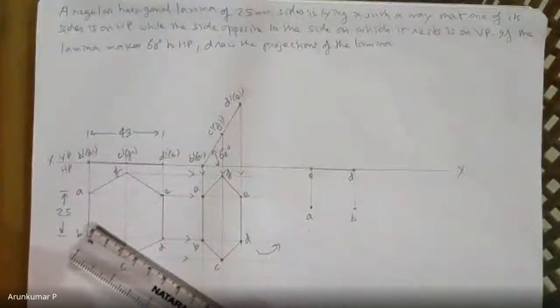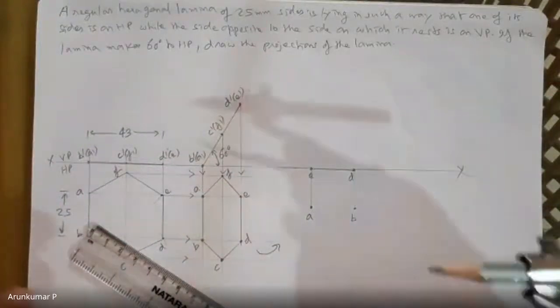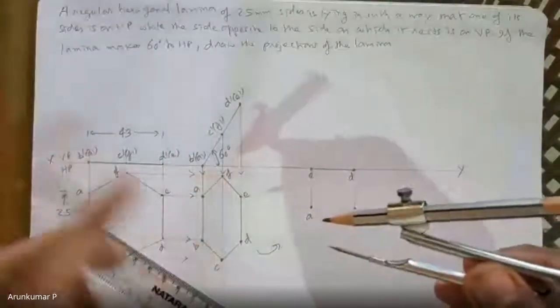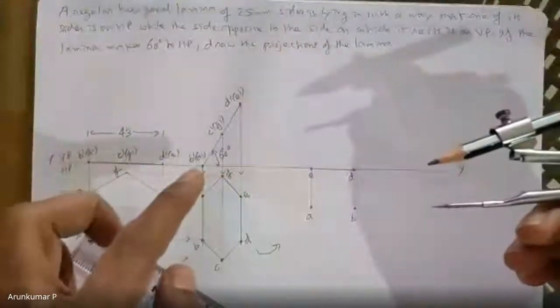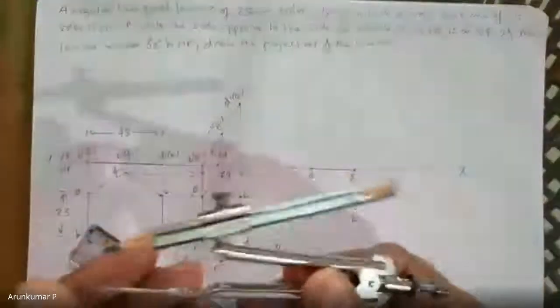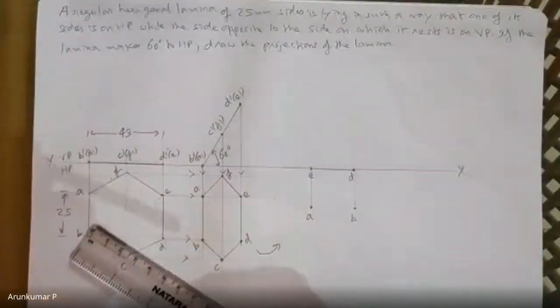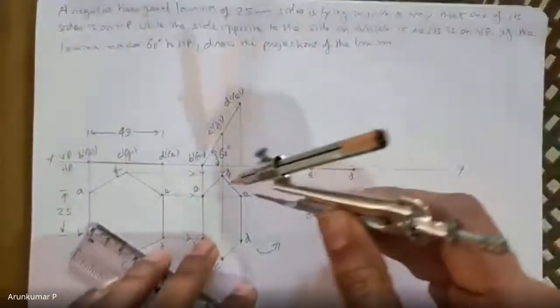You just select any 2 points and locate C and F. It's up to you, whichever point you want, you can select. For example, I want to locate F, let us say. So I'll measure the distance of F with respect to A and E because they are the two nearest points.